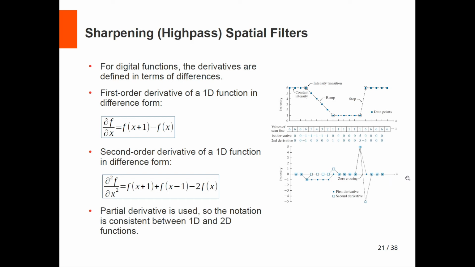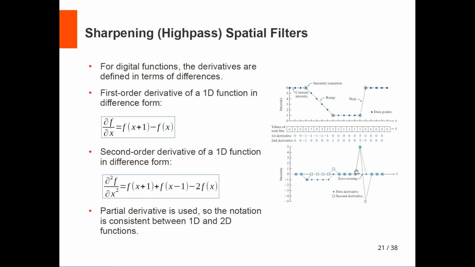One interesting thing that you might notice is that for the second derivative, when we go from a higher intensity value to a lower intensity value, we have a second derivative of a negative value. But depending on the direction, now here we have a positive second derivative. It is more interesting when we are going through a step.